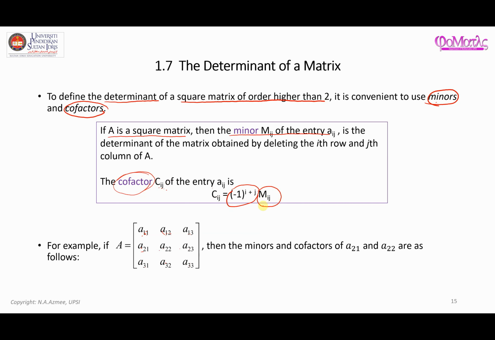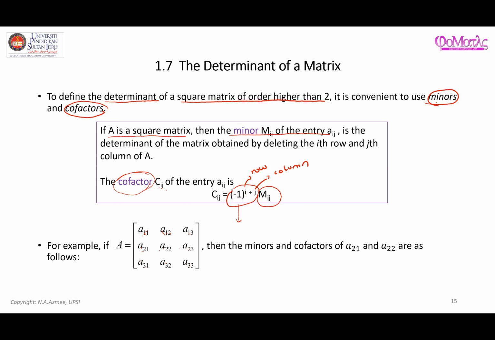Here is the result from finding the minor. What about this one? This depends on the position of i and j. Again, i corresponds to the particular row and j corresponds to the particular column.